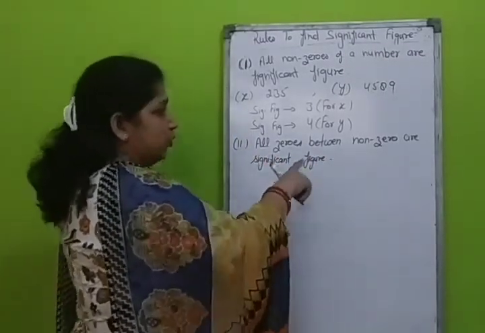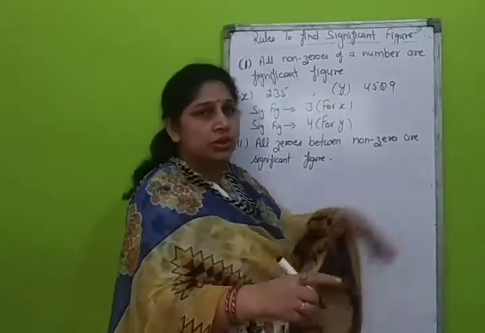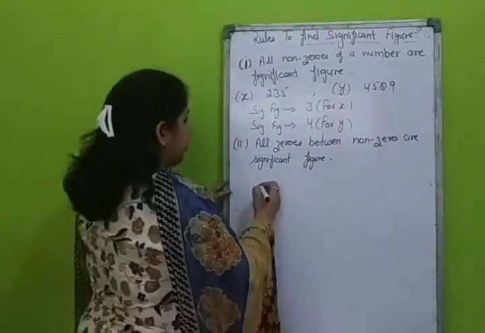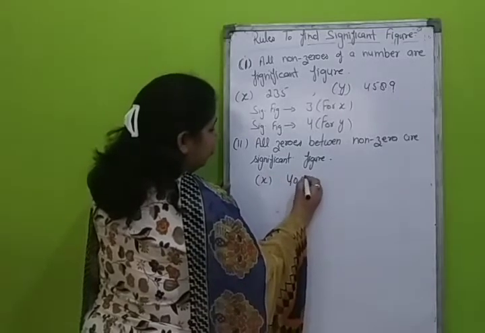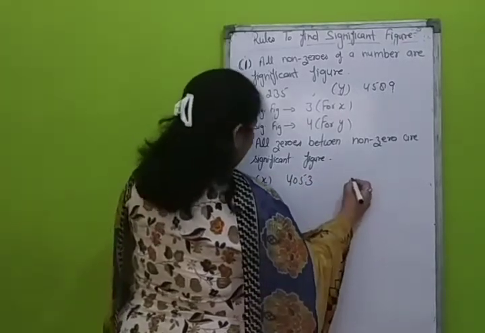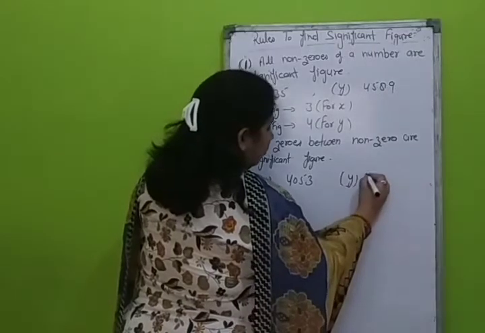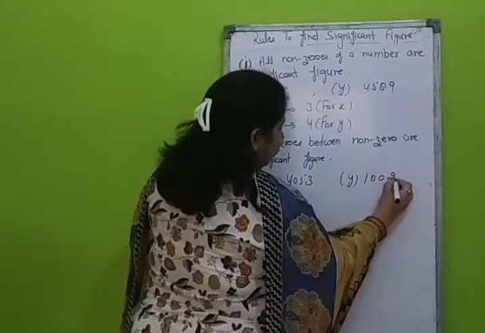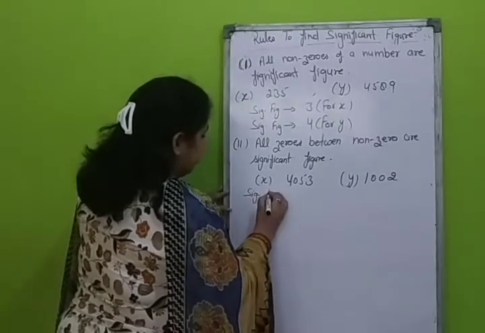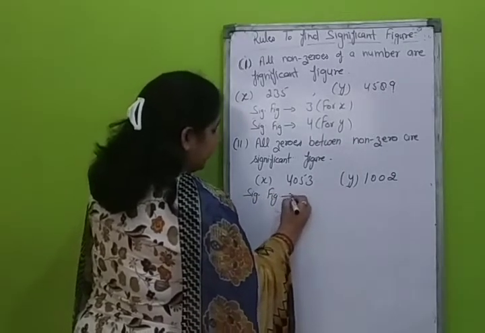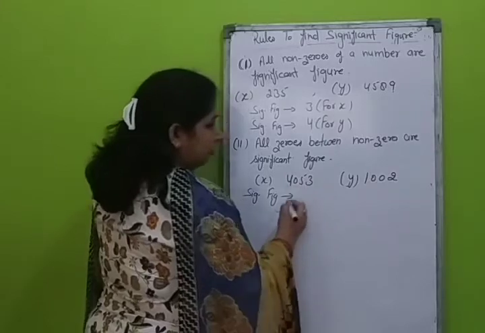All zeros between non-zeros. Suppose we have a number x 4053 or a number y 1002. Then the significant figures are 1, 2, 3, 4.